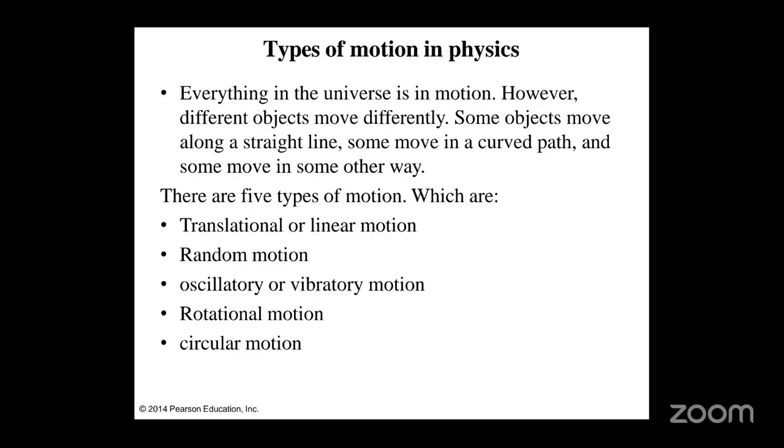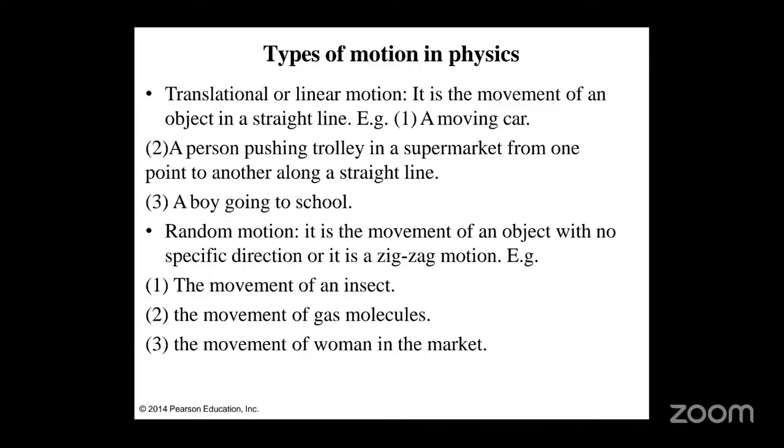The fourth type is referred to as rotational motion, and the fifth type is referred to as circular motion. So let's look at them one after the other.